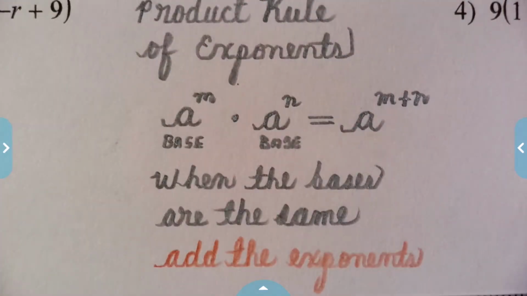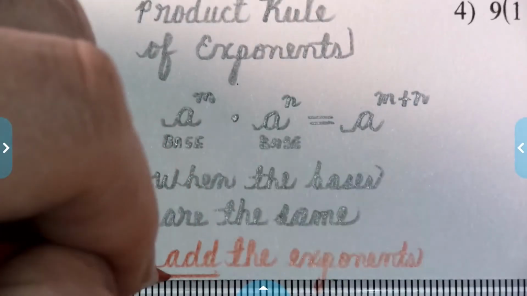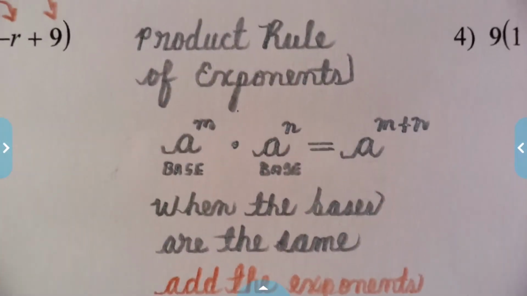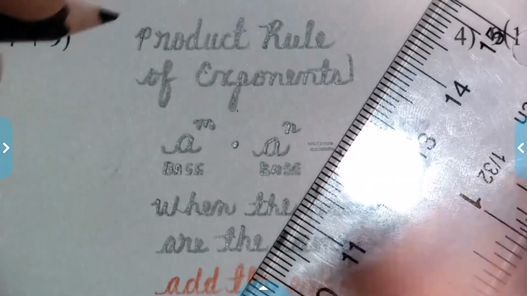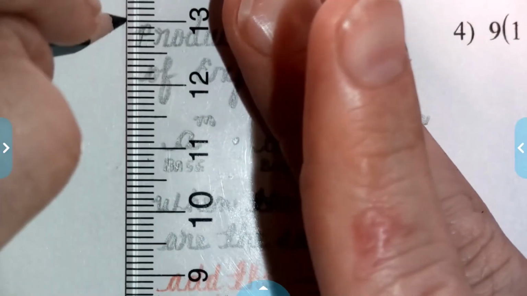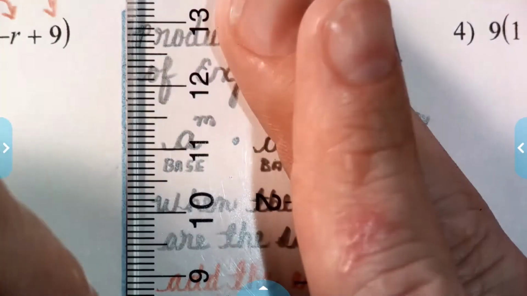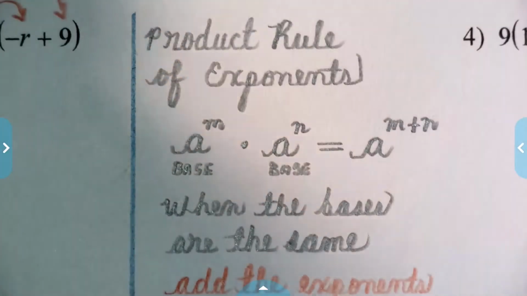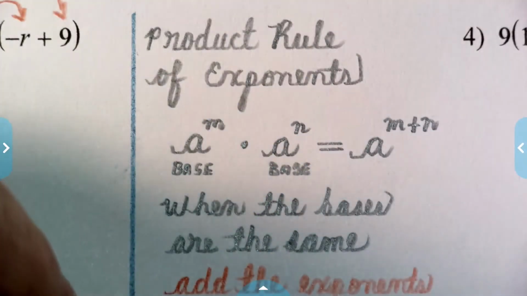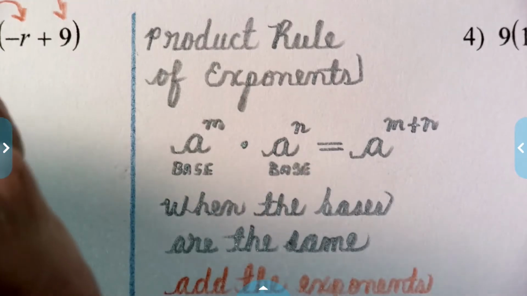Okay? Add the exponents. Now, why did I just show all that? First of all, let me put this in a box because this is really important. This is one of those big rules that you got to learn.